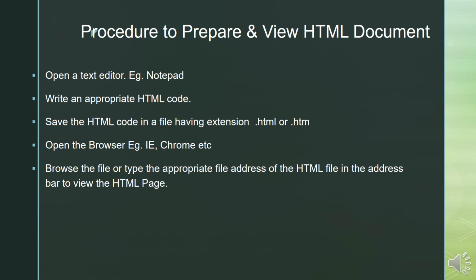Say for example you have saved it on the desktop, so you have to go to the desktop and browse those files. The desktop file goes in C drive, so it will be C:/ and whatever is the folder name with the file name .html. Once you open the file, the information will be displayed on the web browser. Always remember that when you save a file on your Notepad, it has to be saved as an .html document.